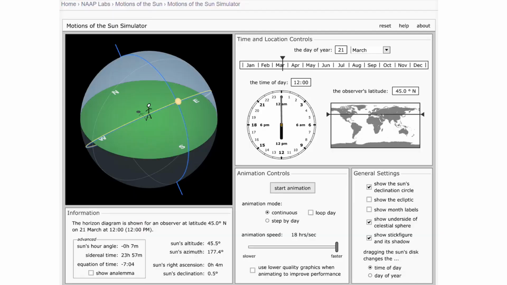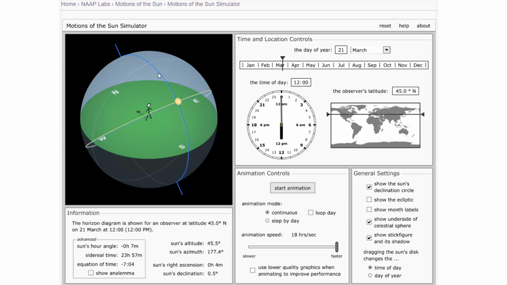Now let's take a look at a Sun motion simulator. The latitude is 45 degrees, the time is noon, and it's March 21st. Now look at the celestial sphere, South Pole, North Celestial Pole, and the blue line is 0-hour right ascension.